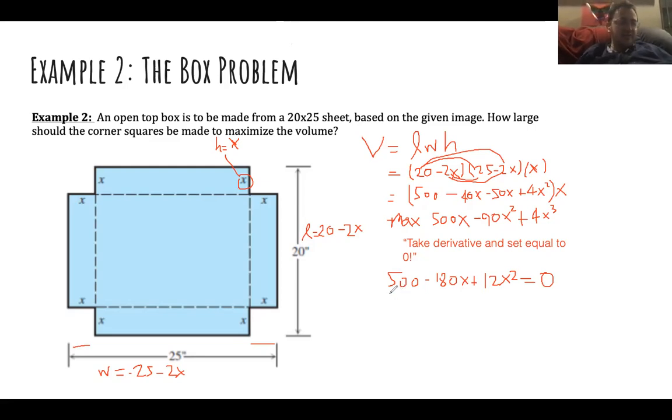So obviously, 12 doesn't go into 500. But 4 goes into 500, so I could just pull out 4s.